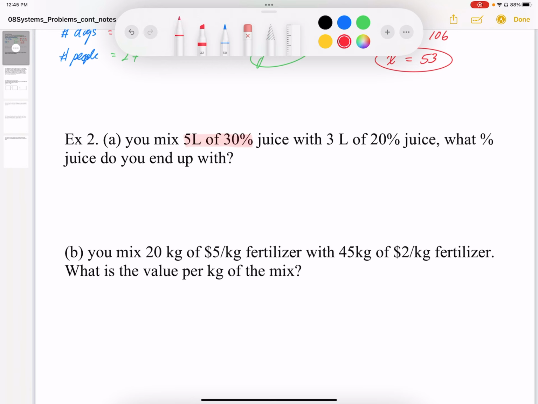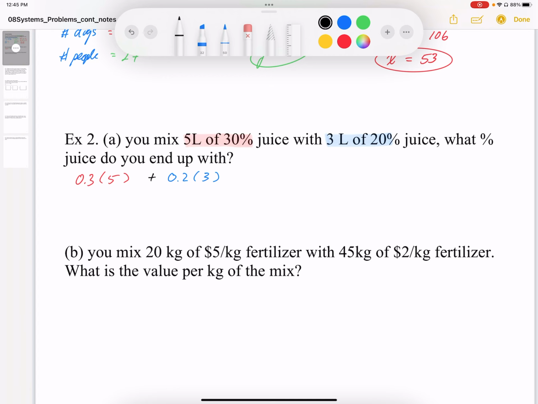We're going to do that by doing 30% times the 5 liters. Then we're going to figure out the amount of juice from the 20%, and to do that, we're going to do 20% times 3 liters. And that's the total amount of juice.